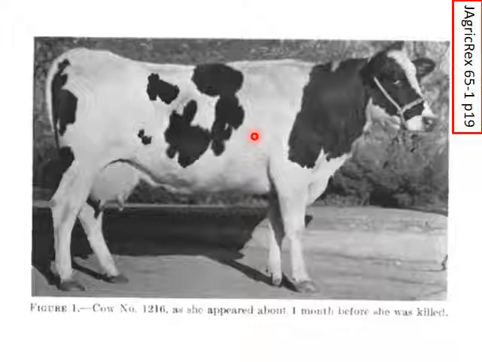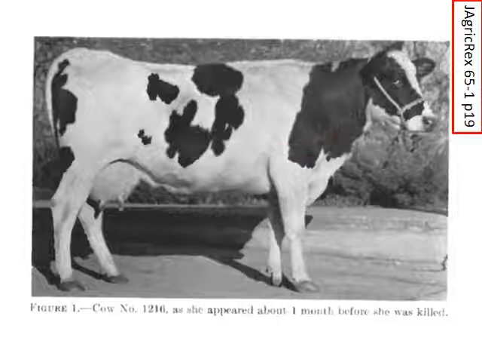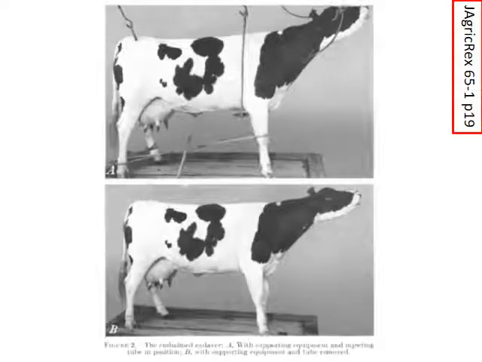So what they did is they took this cow and said, "You're going to be our demo here." This is how she looked a month before she died. They basically pumped all the blood out of her, so she's dead in this picture, and then they pumped plastic back into the veins and the arteries.